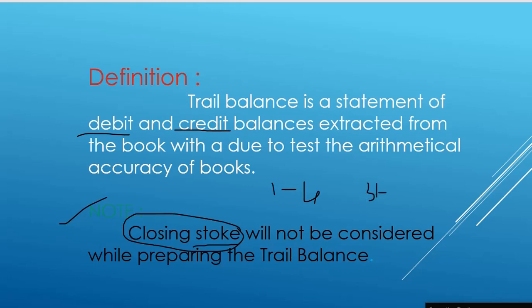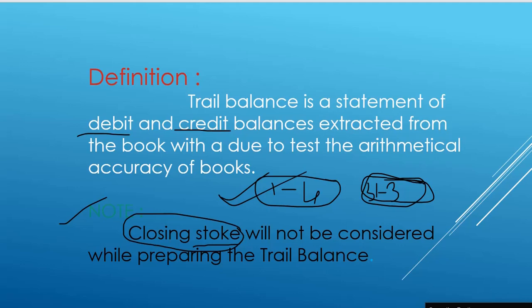Our normal calendar starts at 1st January and ends at 31st December, but the business calendar starts at 1st April and ends at 31st March. Whatever stock is left with us at the closing, that means 31st March, when we are closing all the stocks we have, is called the closing stock. And for 1st April, whatever stock we are opening with is called the opening stock.